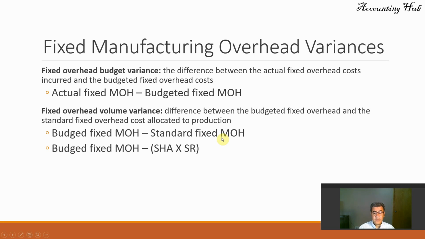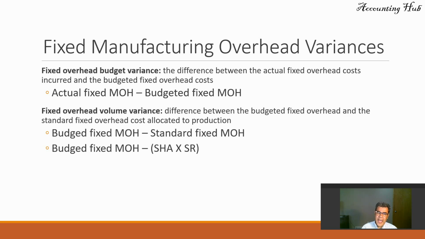And these variances are very different from the other three variances: direct materials, direct labor, and variable manufacturing overhead. Here we are talking about budgets. So fixed overhead budget variance: the difference between actual fixed overhead costs and the budget fixed overhead costs.